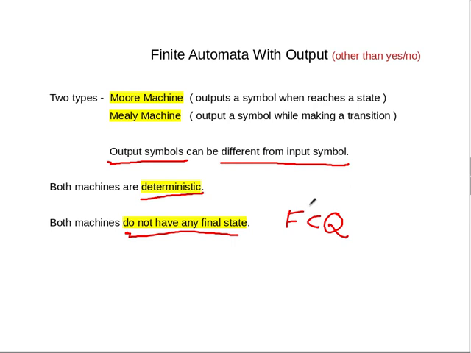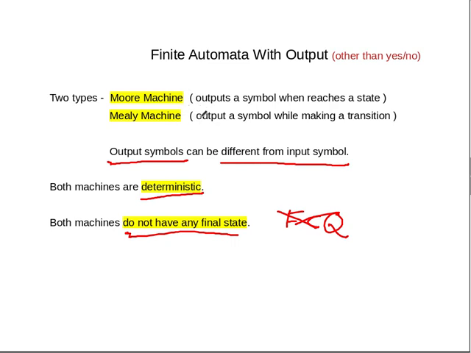Because this F determined whether the output was yes or no. At least for DFA it's a direct relationship: if you reach some state in F, then the answer is yes, otherwise the answer is no. But here we have a more general way of providing answers. We are outputting symbols after each transition, so we do not really require this F to tell us yes or no. This F is not there in either of these machines.